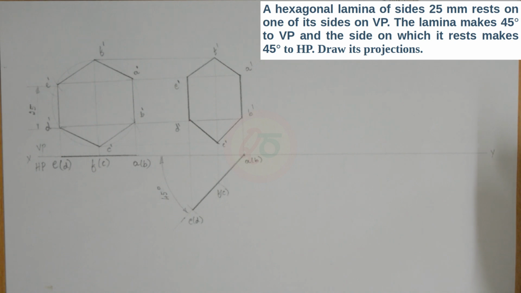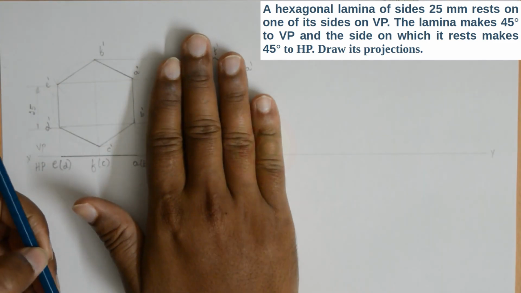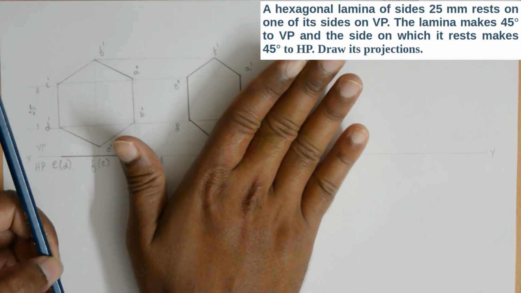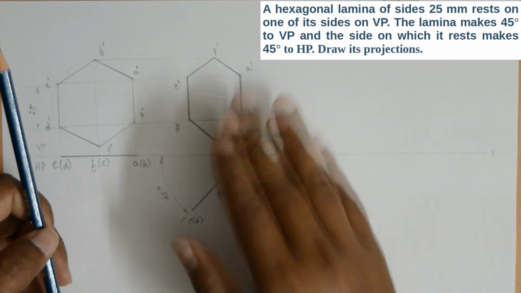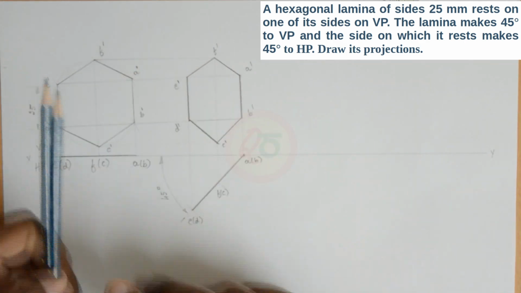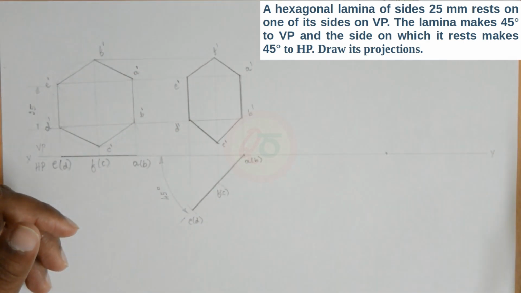Now the resting edge is inclined at 45 degrees to HP. Now this you can either rotate clockwise or anti-clockwise, but I'll prefer the rotation to be anti-clockwise. So I'll mark a random point again for the third position.